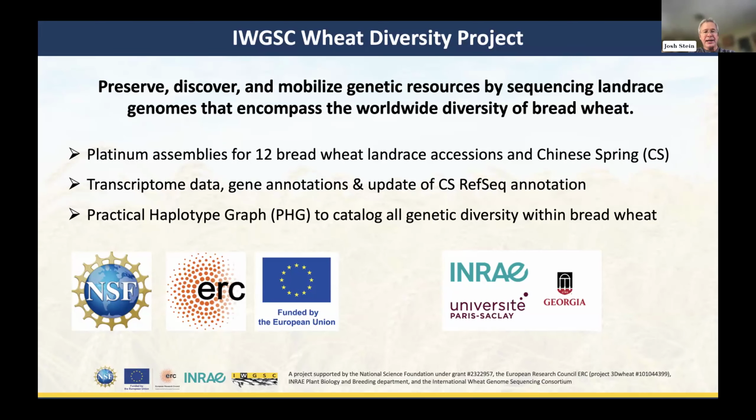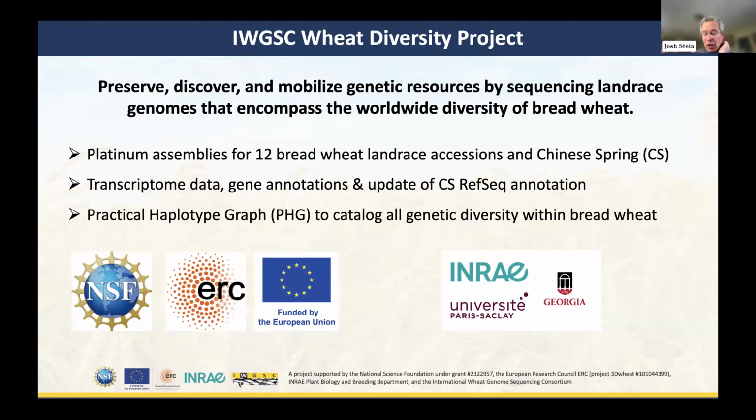They include assembly of 12 bred wheat landrace accessions, as well as Chinese Spring. And then we additionally have plans to generate transcriptome data to perform gene annotations. And I want to point out that we will be producing a new version of the Chinese Spring RefSeq, and we hope to maintain the annotations from the existing version.